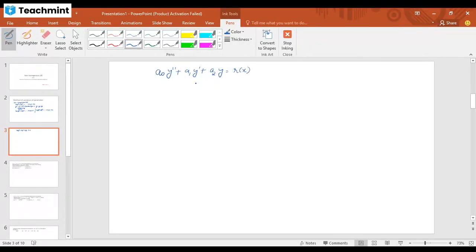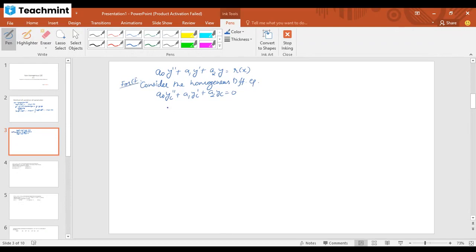To find the solution of this equation, firstly we consider the homogeneous differential equation, that is, a naught yc double dash plus a1 yc dash plus a2 yc equal to 0. Basically, we are considering this for the complementary function.